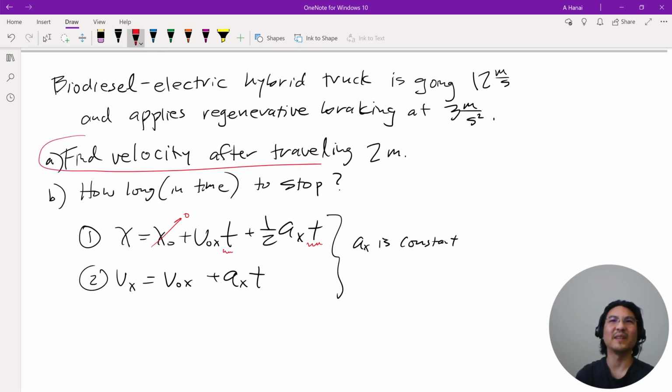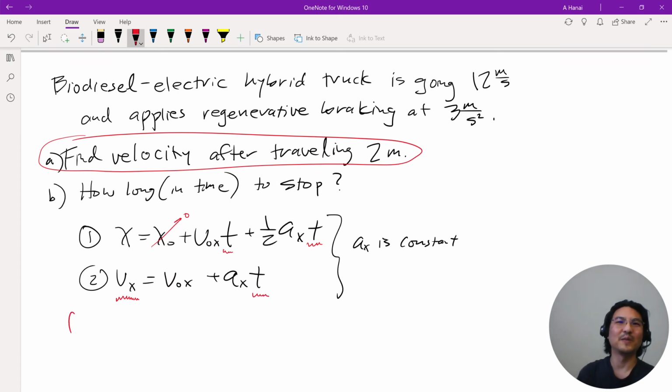This is part A, right? Velocity. Yes, no. Oh, I don't know. This is final velocity, I don't know. Initial velocity, 12 meters per second. Got it. Acceleration, got it. Time, I don't know.